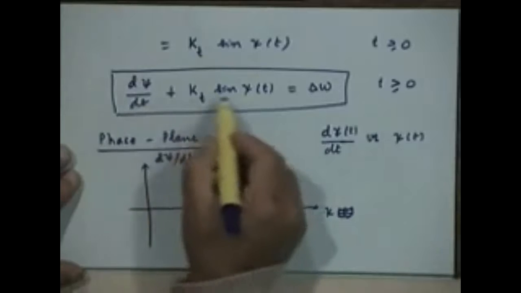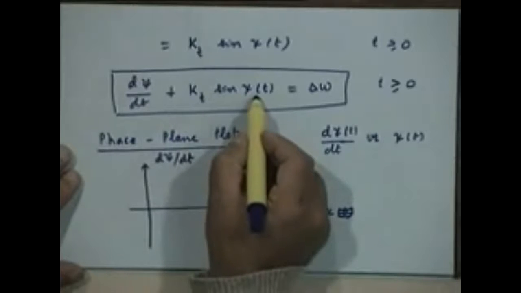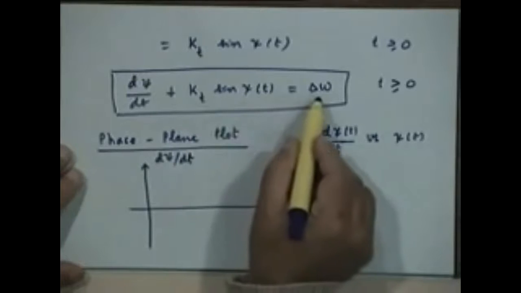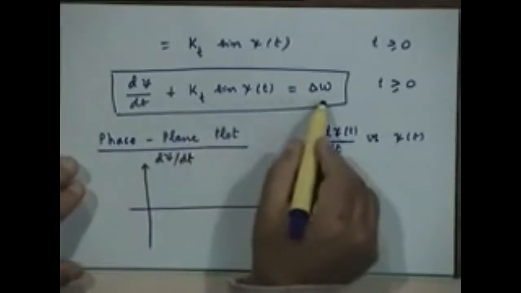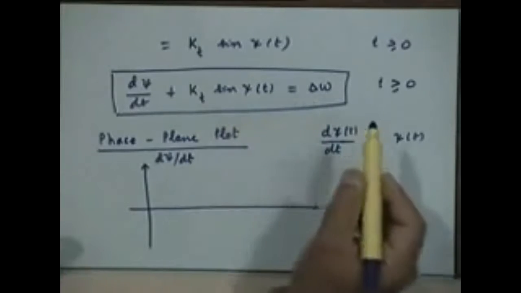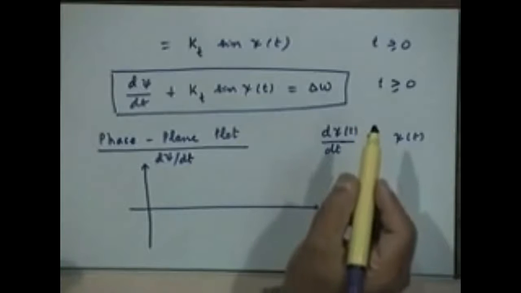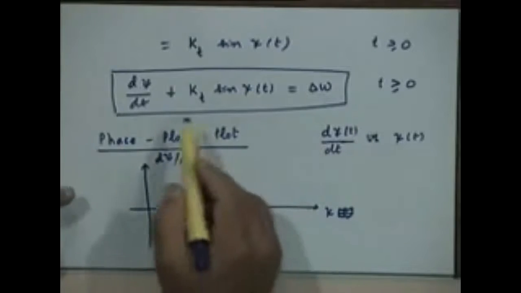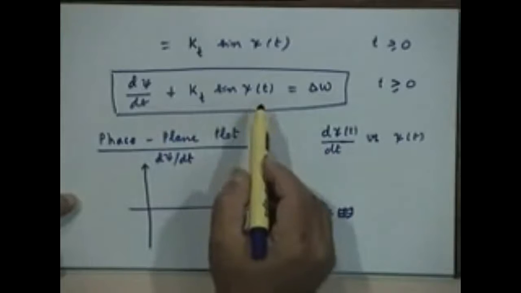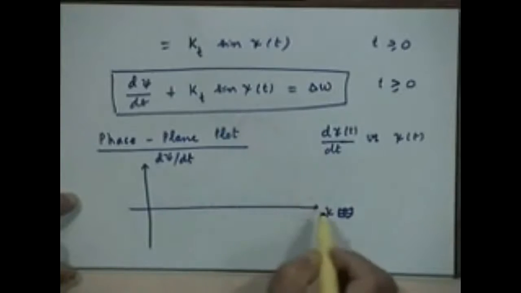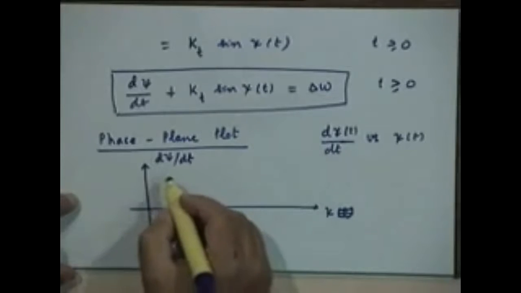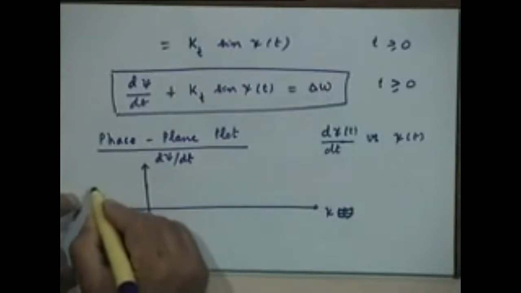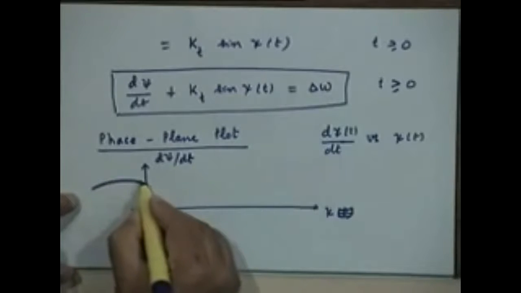Think of this as y and this as x. So, y plus k_t sin x is equal to delta omega, and you are plotting y against x. What kind of function is this? This is a sinusoidal function. What is the value, let us say, for psi equal to 0? Delta omega. And so, you may have a function like that.